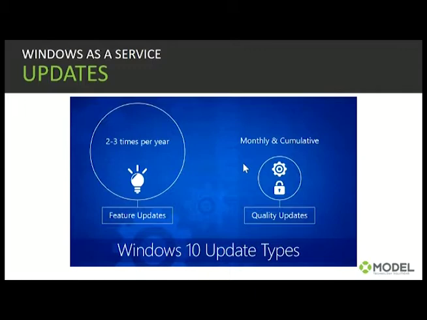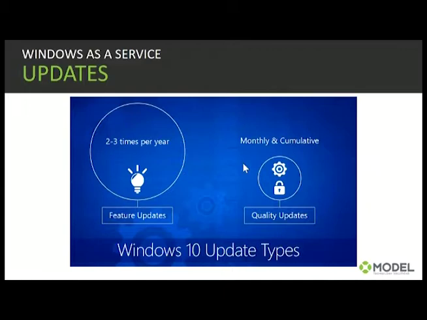If you think about going from XP to 7, that was a significant undertaking from an applications and a preparedness and a timeline and readiness perspective. Going from 1607 to 1703 should not be that kind of jump, right? So that's the intent behind the feature updates.